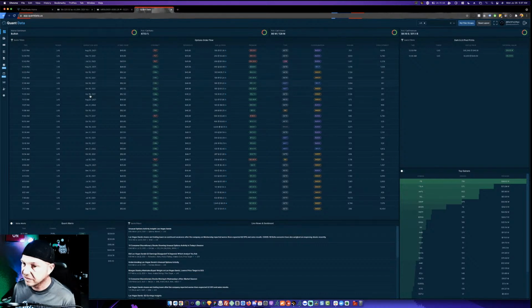Now, as far as options flow goes, looking at LVS for last week, you can tell there's a bunch of calls, so there's a lot of buying. Obviously calls outweigh the puts. These would be like golden sweeps, right? They would be buying the call at the ask. Let's see, we got a block trade that came in for LVS.